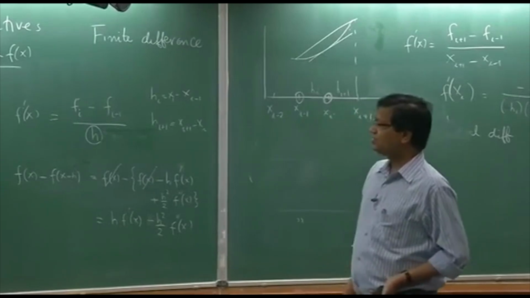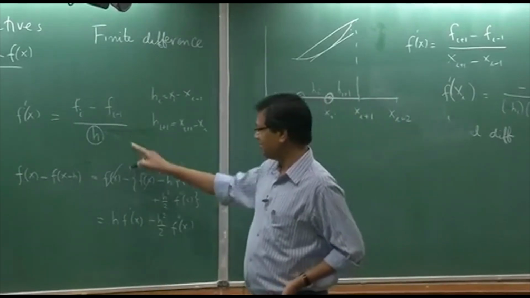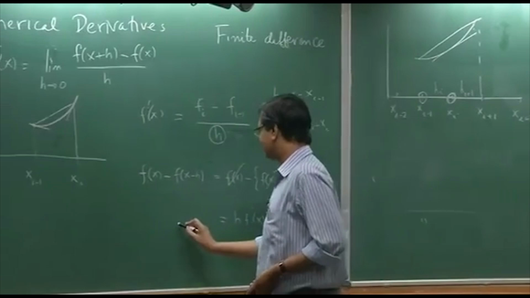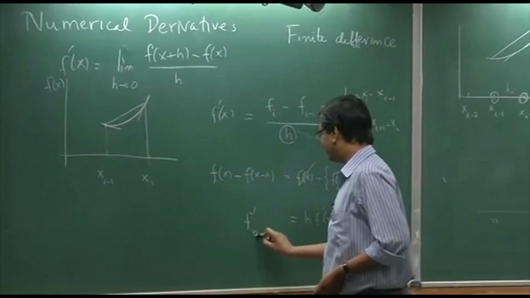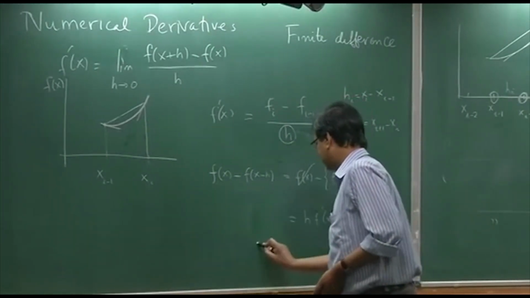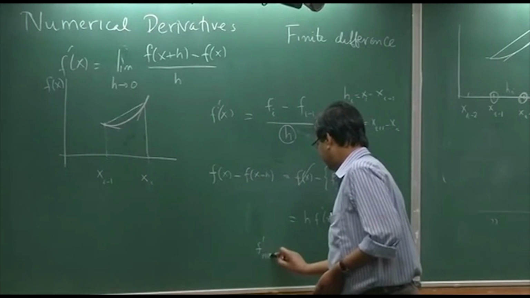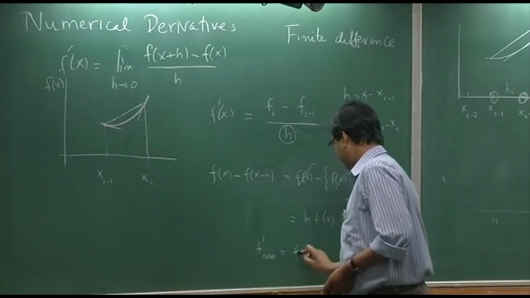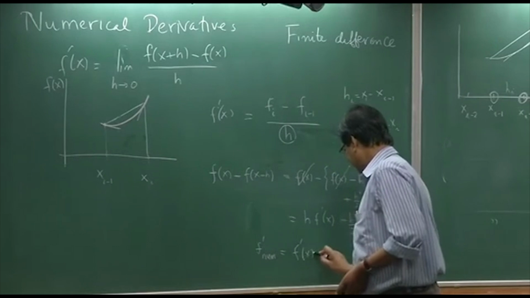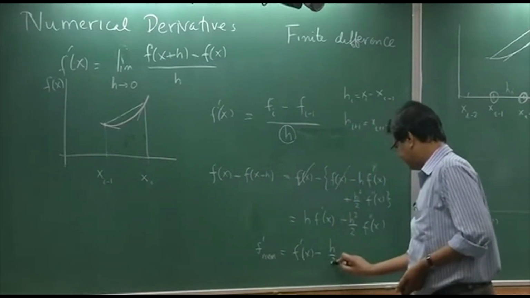So, you divide by h, that is what we got here. If I divide by h, f prime numerical is f prime, which is the real value, minus h by 2 f double prime.